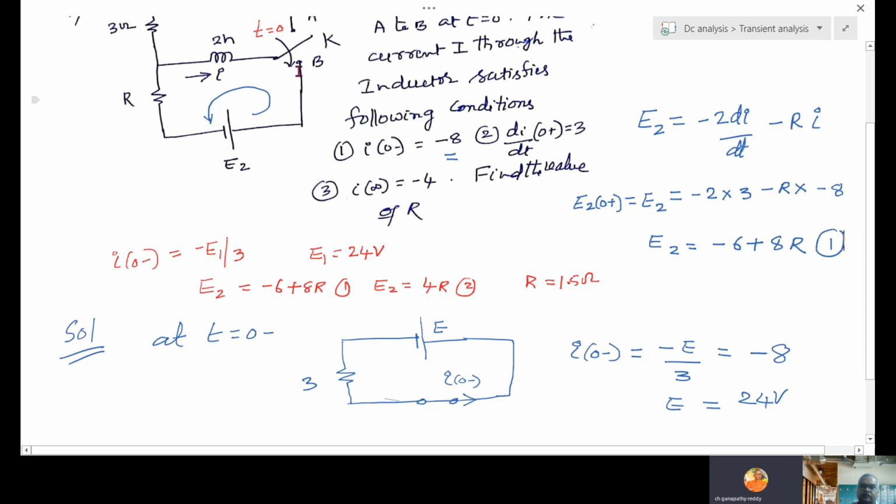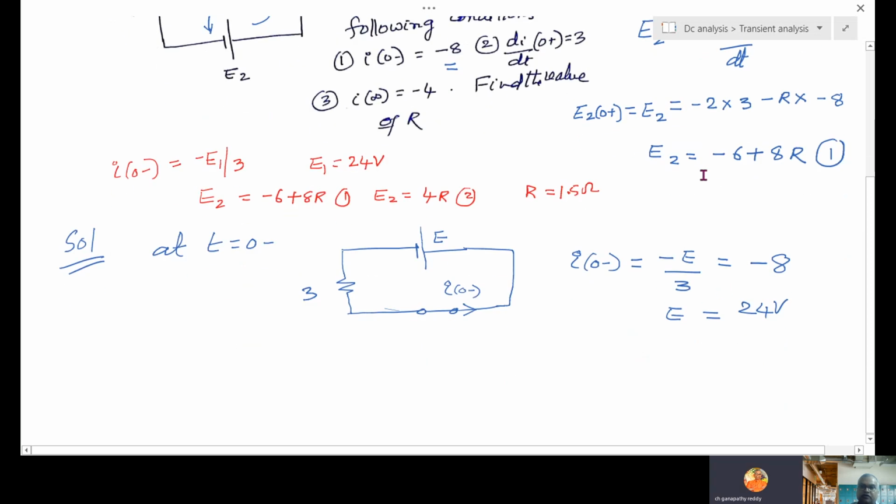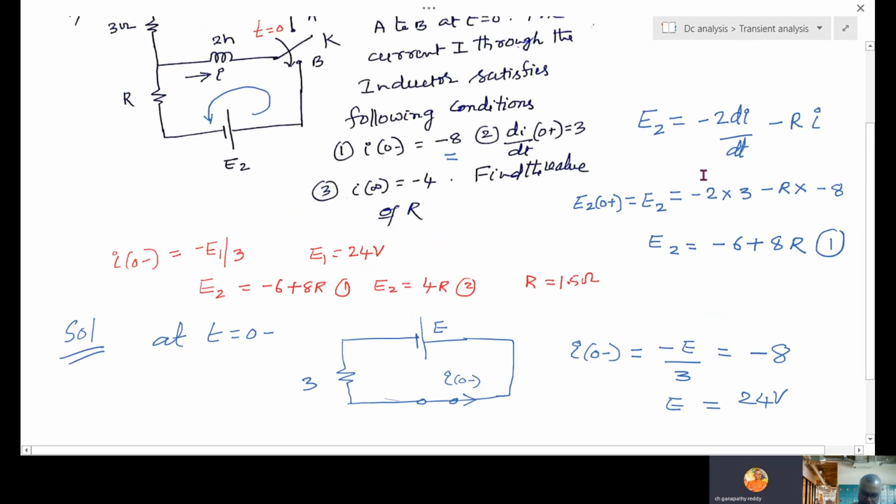I at infinite is minus 4. After the switch is connected to B, at steady state again the inductor is short.